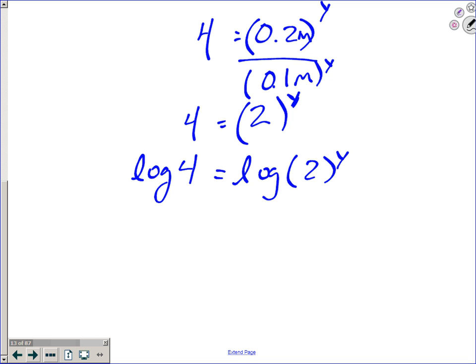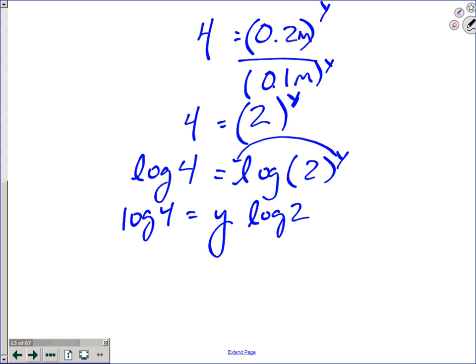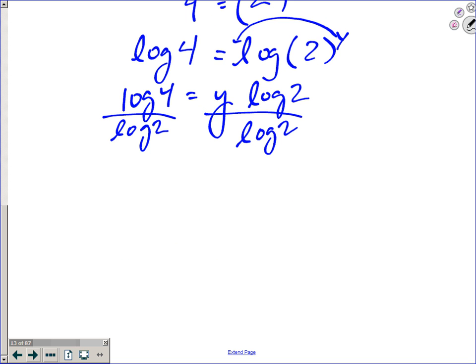What does that allow me to do? Pull y in front of log. So log of 4 is equal to y log of 2. Okay, so isolate y. Divide by log of 2. Then what's log of 4 over log of 2? 2. So 2 is equal to y, which tells us that it's second order.